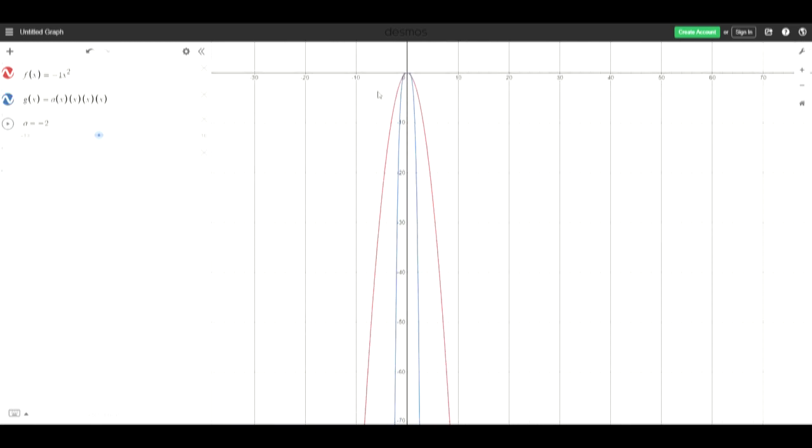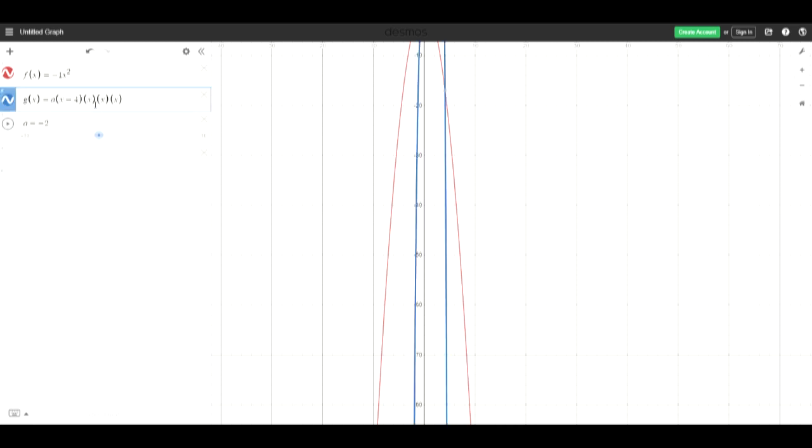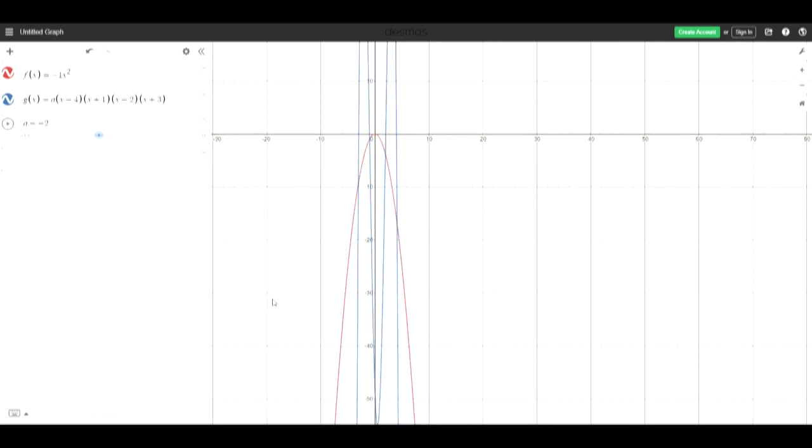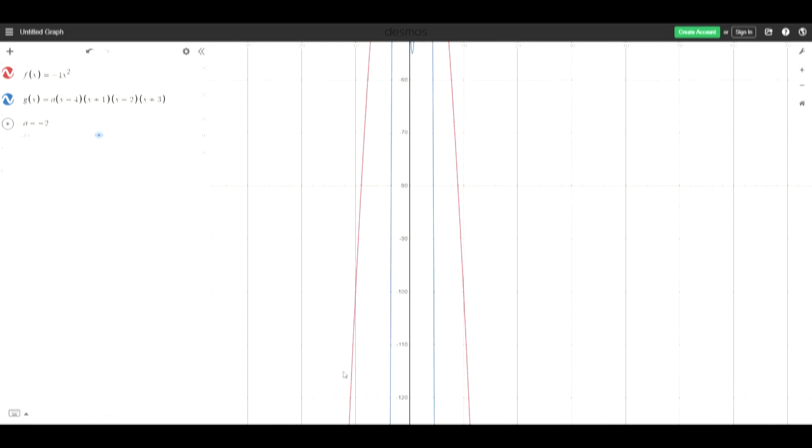This time I am increasing on the left side and decreasing on the right. And no matter the crazy things that happen in between, my end behavior is going to match up. Let's do +3. Okay, so I have my W, but all I care about is the end behavior, and it still matches up.